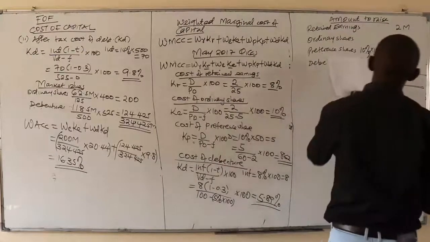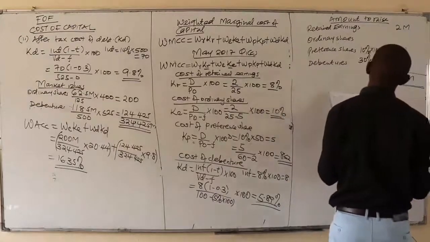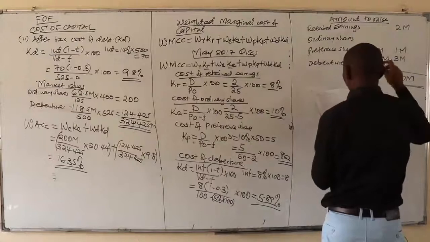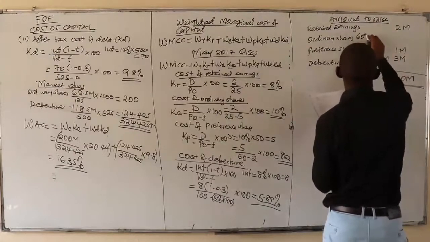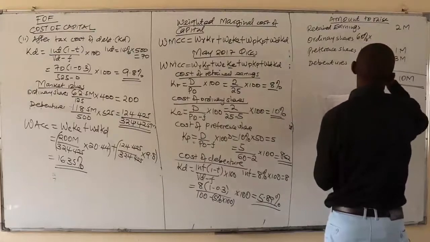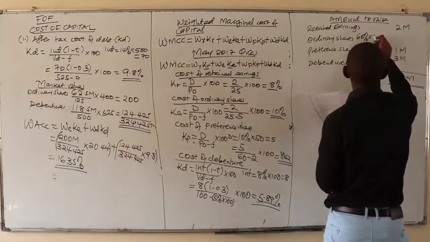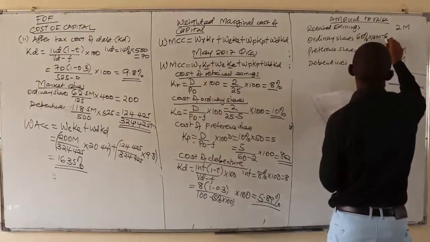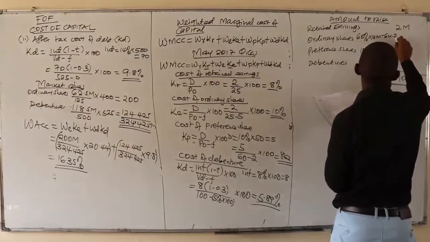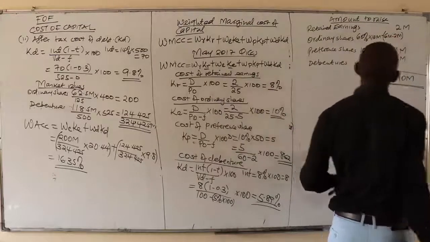And then what is remaining, you will raise through the ordinary share capital. The equity was 60%, so it will be 60% of the 10 million, which is 6 million. However, 2 million has been raised out of the retained earnings.